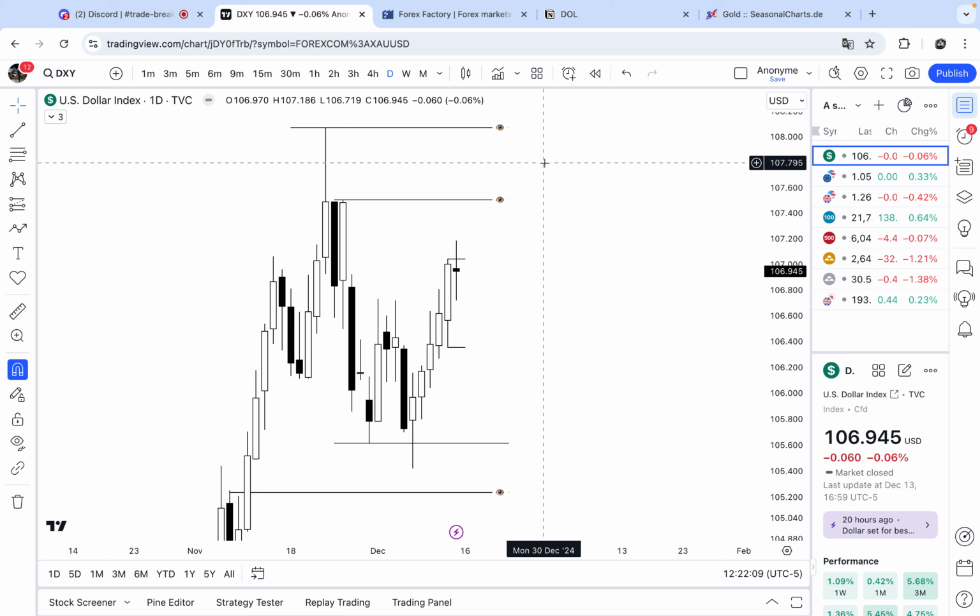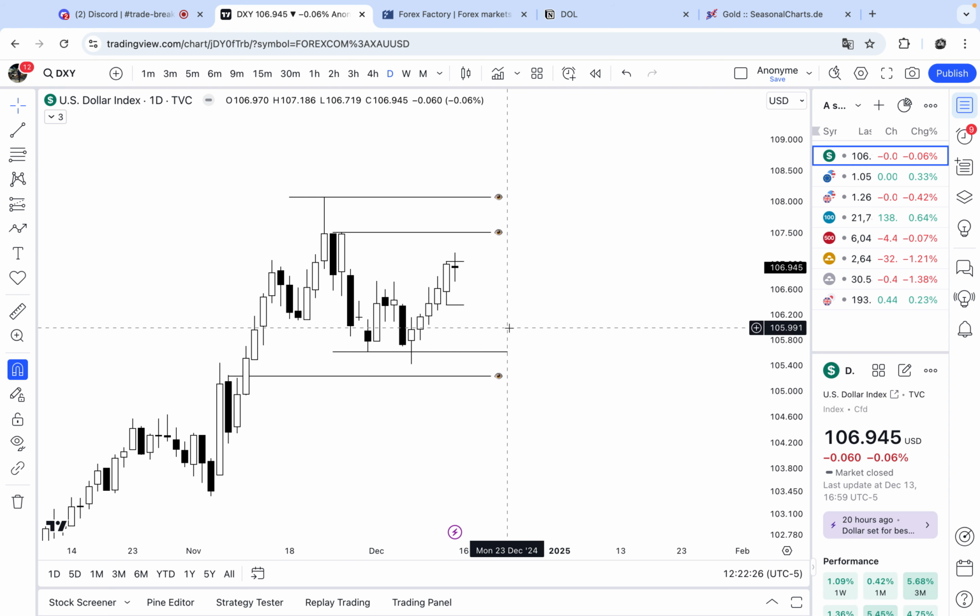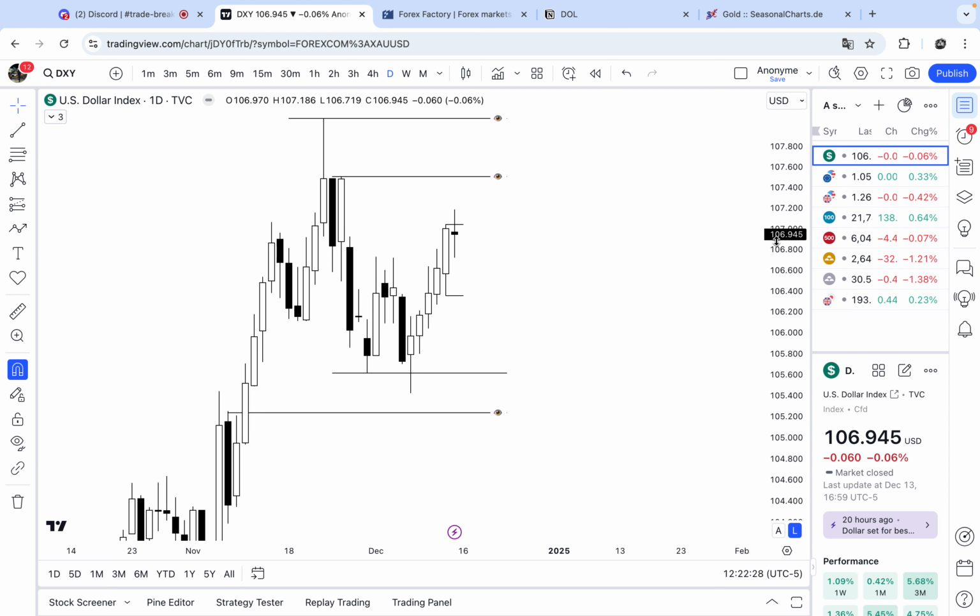This is my narrative for the next week. It's the same thing here. I'm expecting price to go here and then here after. Same thing here. This is the correlation.